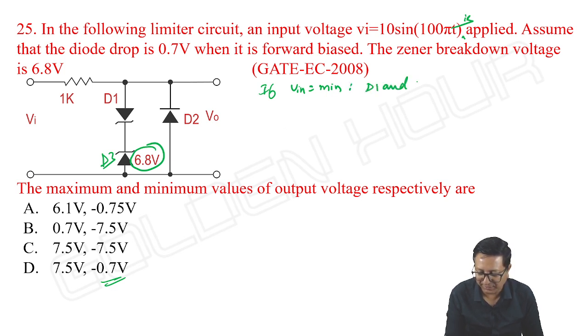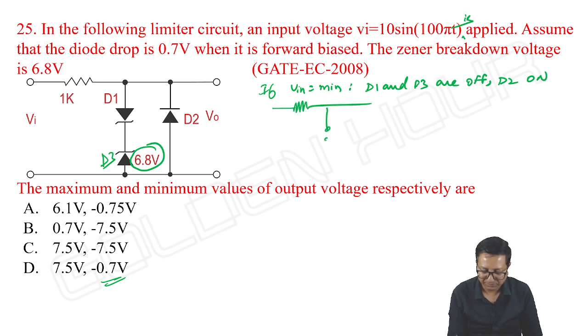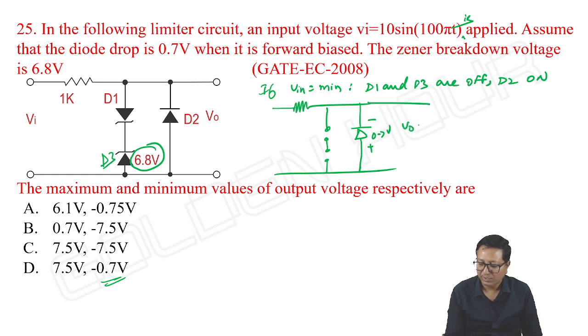D1 and D3 are off and D2 is on. So the equivalent circuit, if you see, output is minus 0.7, that is V output minimum.